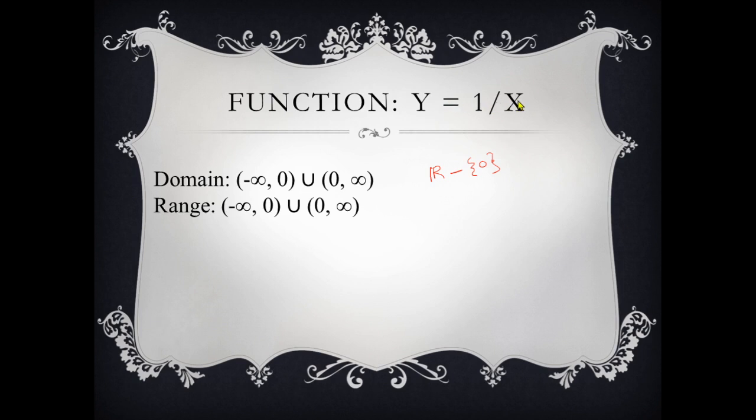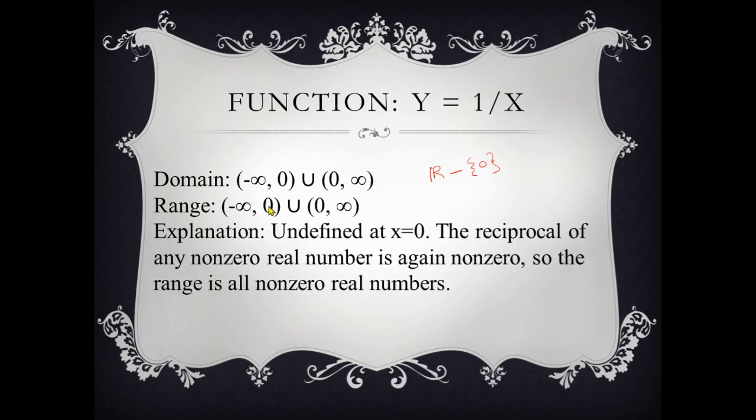When x is not equal to 0, and we get the remaining real values, then the output is all real values except 0. That is, the range is minus infinity to 0 union 0 to infinity, excluding this 0. Okay, if it is 0, that will be an undefined function.